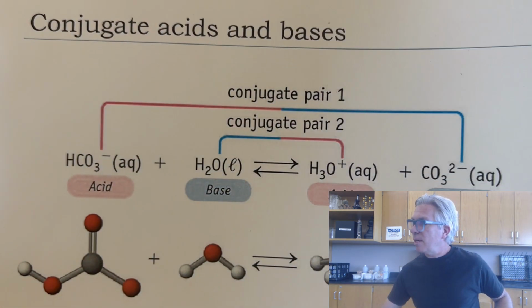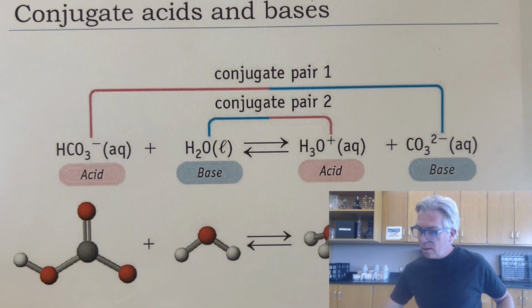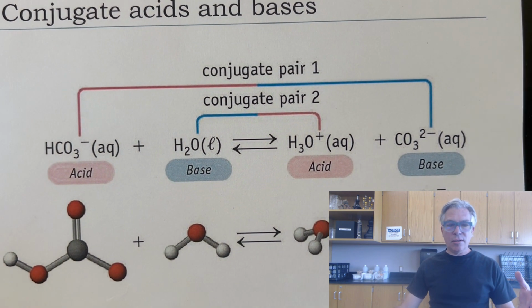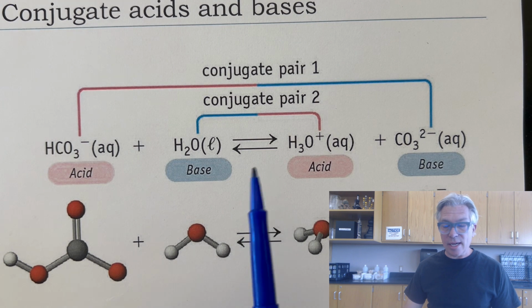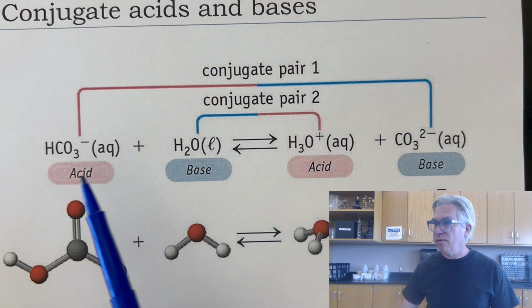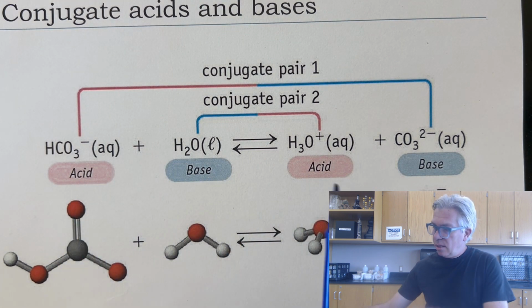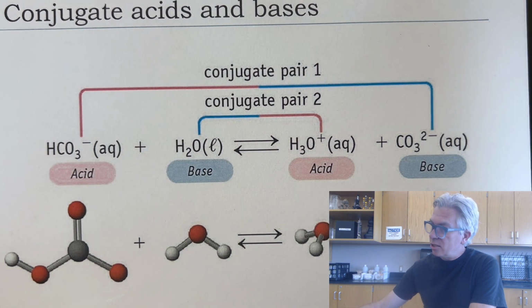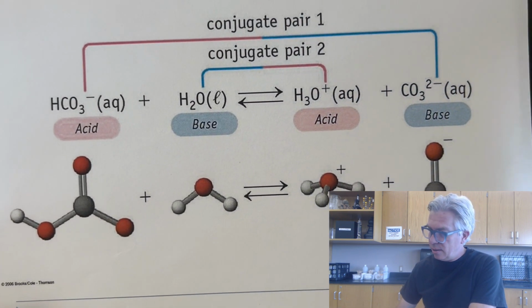All right. You're going to need to know about conjugate acids and bases. So conjugate acids and bases are what we call the acid and base for the reverse reaction. Lots of acid-base reactions are reversible. And so on the forward reaction, you'll have something donating a hydrogen.